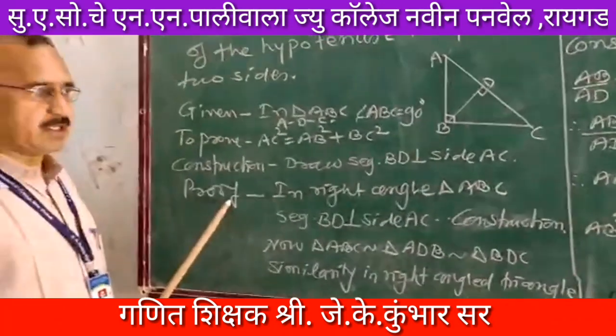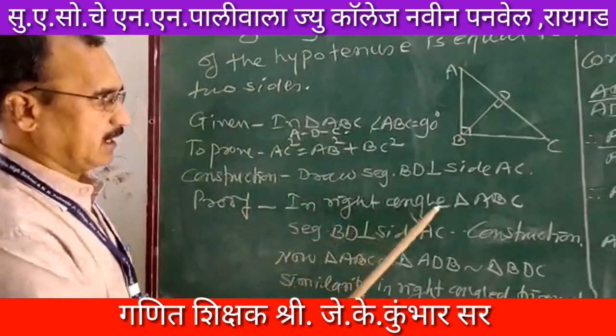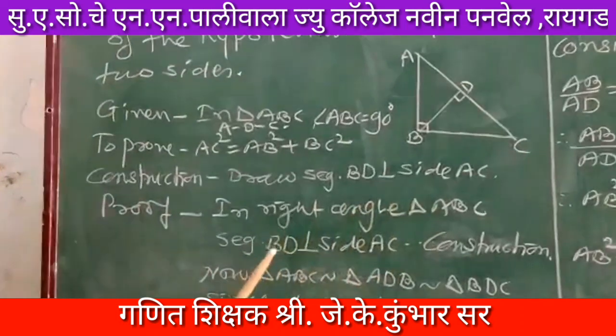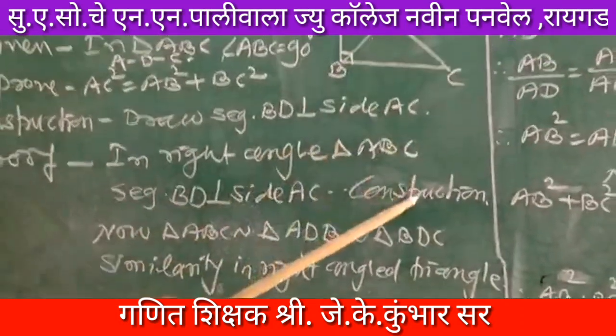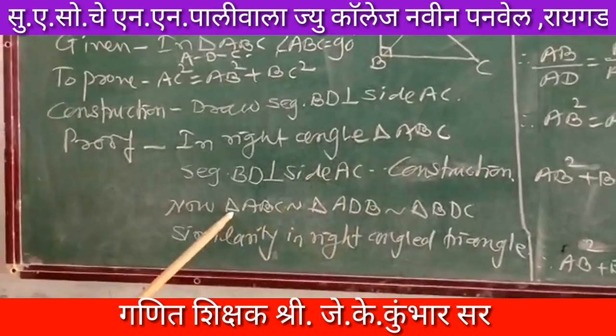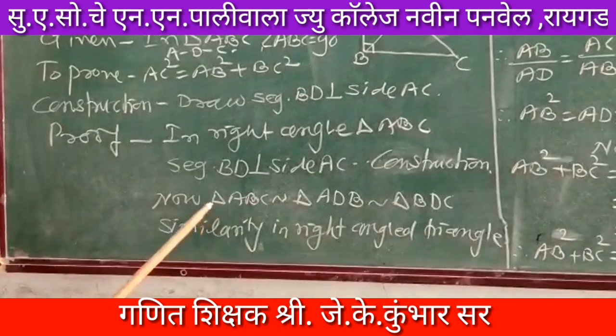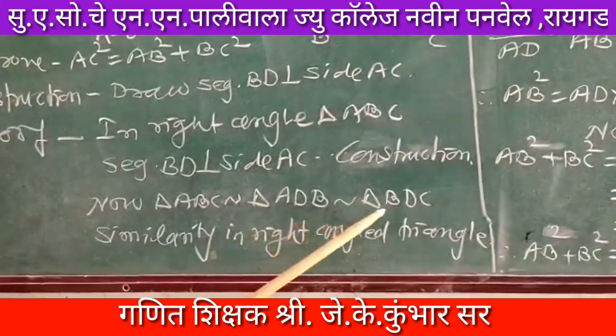Now we are going to write the proof. How can we write? In right angle triangle ABC, segment BD is perpendicular to side AC. This is our construction. Reason of this statement is construction. Now we know the right angle triangle similarity. Now triangle ABC is similar to triangle ADB, similar to triangle BDC.